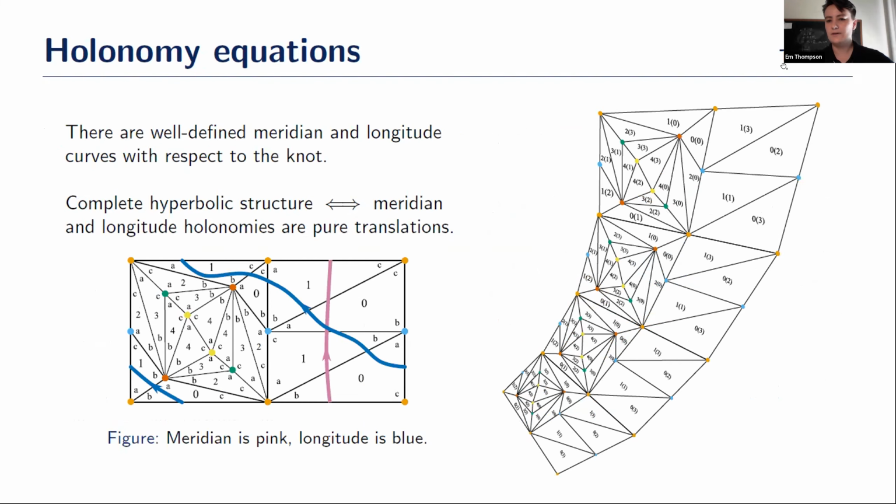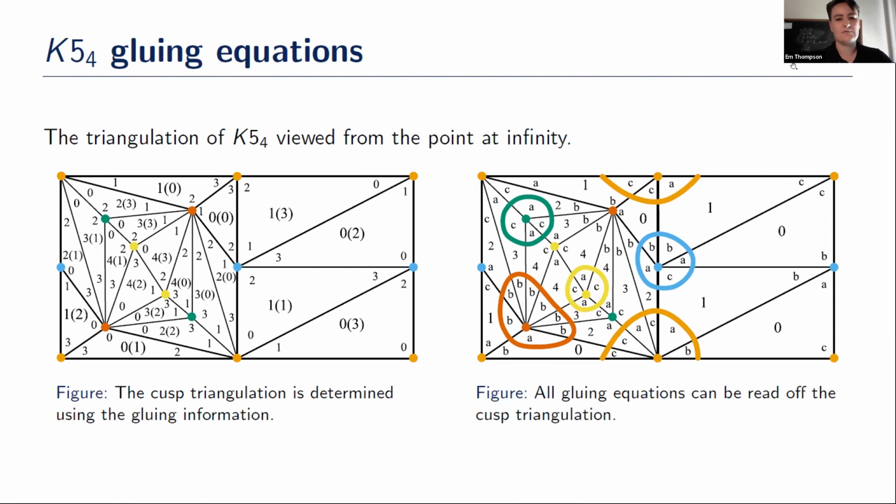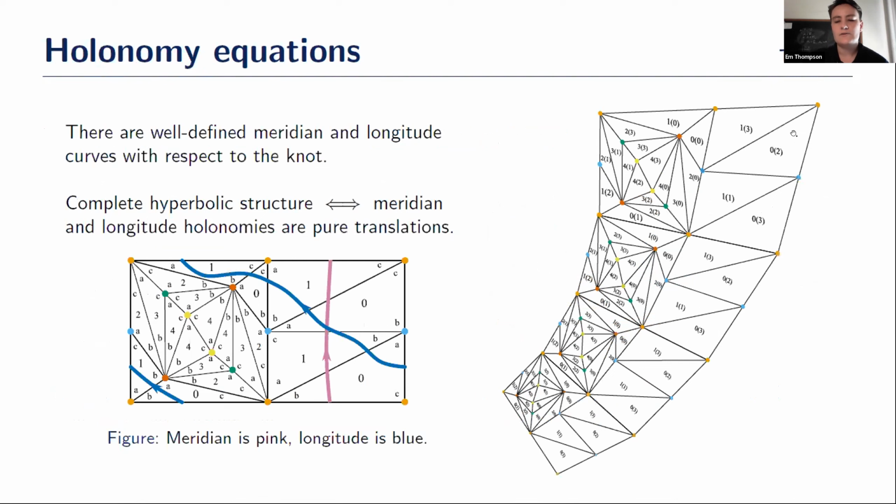So with the gluing equations satisfied, that's giving us a legitimate hyperbolic structure, but we haven't said anything about the completeness of that structure. The way to keep track of the completeness is to think about the meridian and the longitude of the knot. So in this picture, this is the meridian and a longitude.